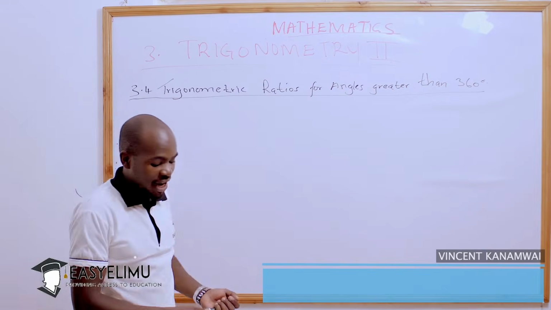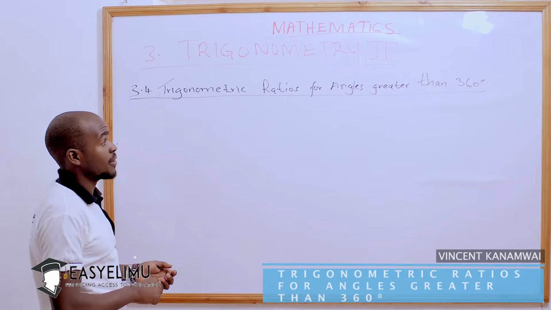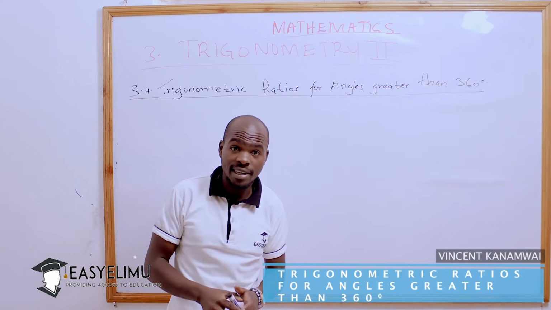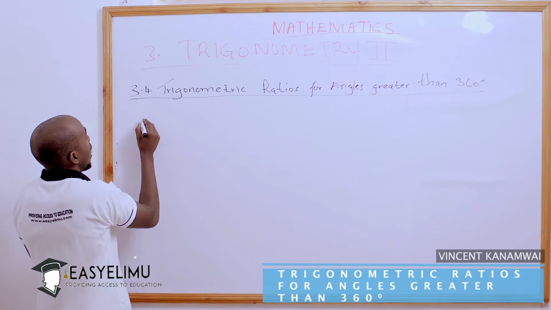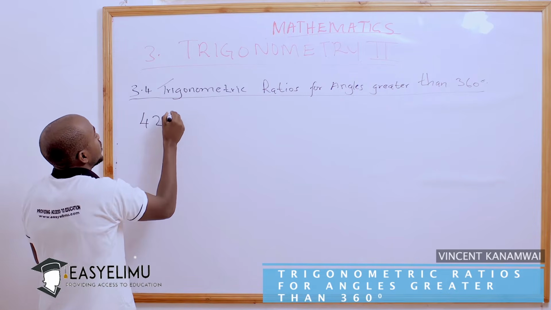Let's see how we can find trigonometric ratios for angles greater than 360 degrees. For this case, we may start with an angle which is 420 degrees.